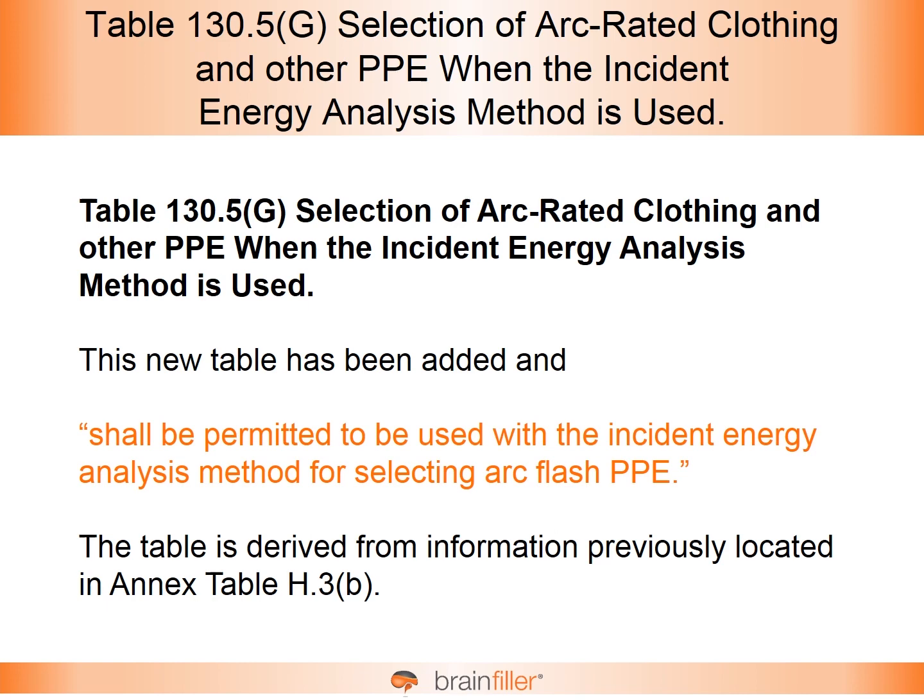That includes calculations of arcing short circuit current, of the incident energy at a specific working distance, as well as the arc flash boundary. And so this new table, it's been added, and it shall be permitted to be used with the incident energy analysis method for selecting arc flash PPE. This new table is derived from information that was previously located in the annex in Table H3B.